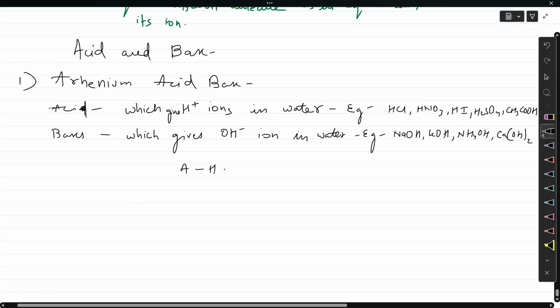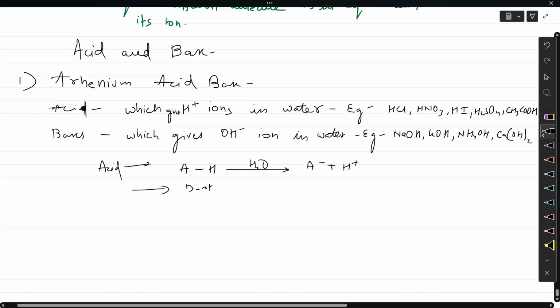Another way to represent it: H is attached with some molecule, HA. When we put it in H2O, it will give A minus and H plus ion. This is the definition of acid. For base, we will have BOH.